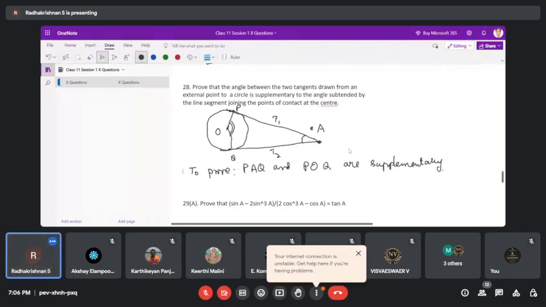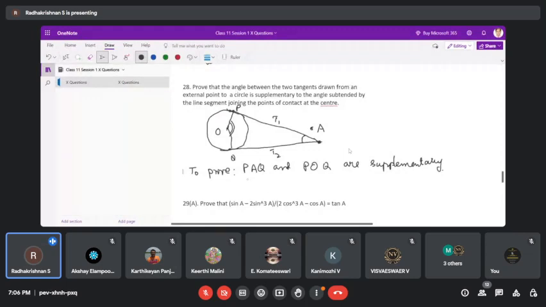No one knows. Okay. Supplementary: two angles are supplementary if they add up to 180. That is, to prove PAQ plus POQ equals 180. This is what supplementary means.